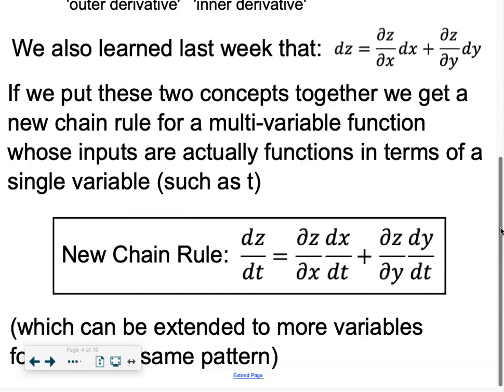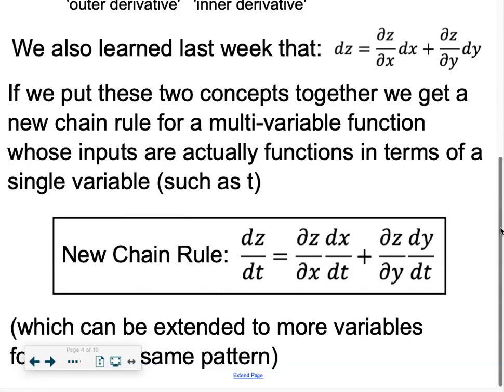There's actually a big, long, giant derivation and proof in your book, which I am not going to get into. But mine is just a very simplistic way of explaining it, but I think it makes sense. So your dz/dt equals partial z partial x times dx/dt plus partial z partial y times dy/dt.